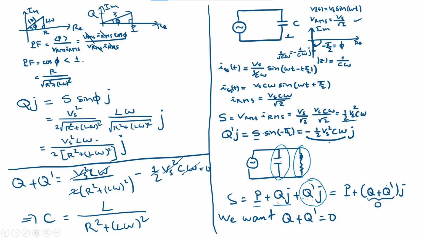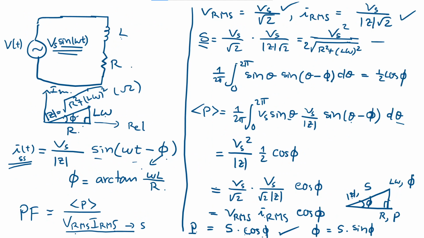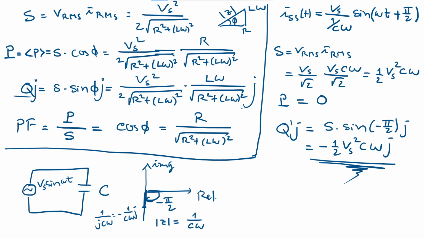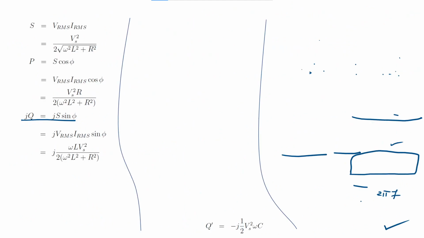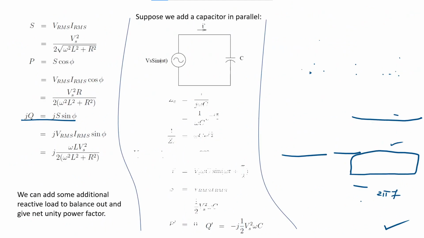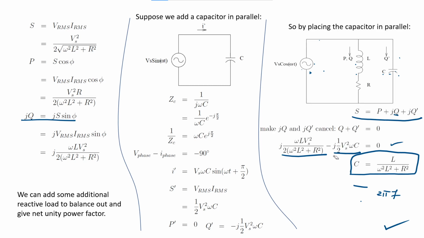By setting it to 0, maybe I go to the last part, you can finally find C equal to this in terms of R and L. Sometimes I like to explain by writing, sometimes I show this immediately. This is how you compensate the effect of an inductor with a capacitor bank.